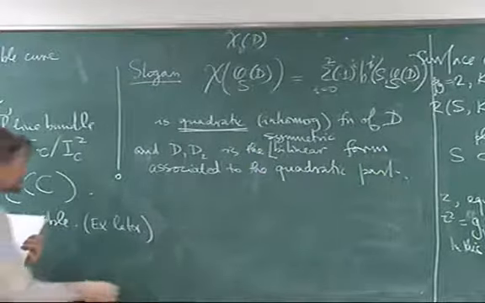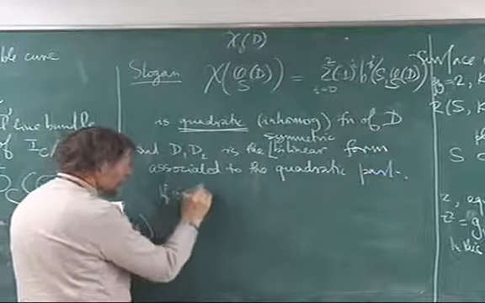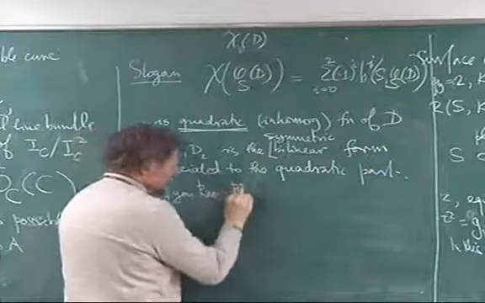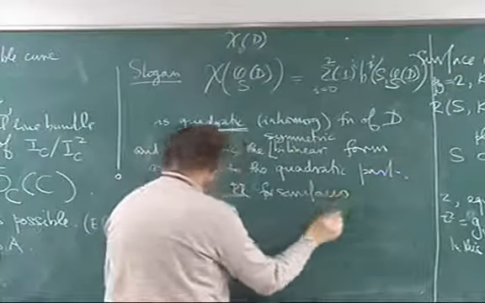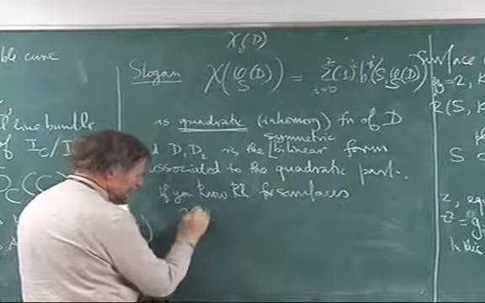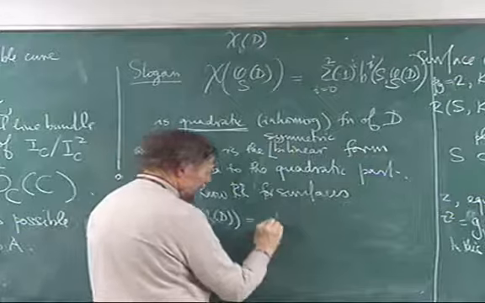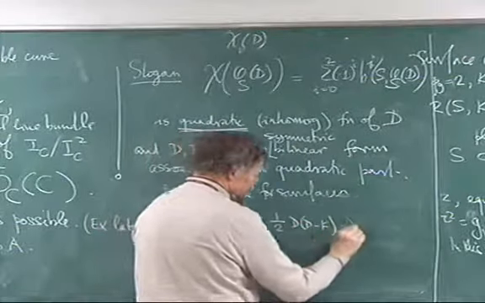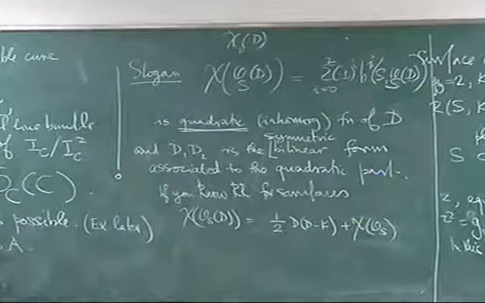If you accept Riemann-Roch for surfaces, then chi of O_S of D is, as everybody knows, 1/2 of D . (D minus K) plus chi of O_S.